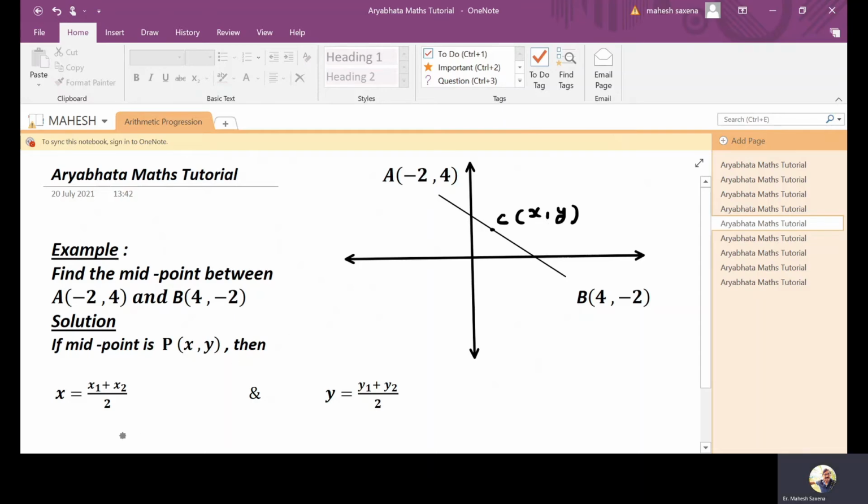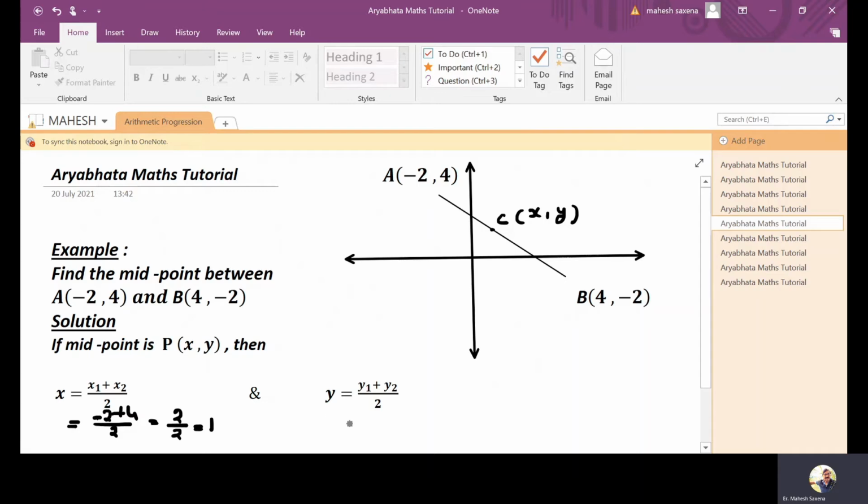By the formula, x is equal to x1 plus x2 upon 2, that is -2 plus 4 upon 2, that is 2 upon 2, equal to 1.